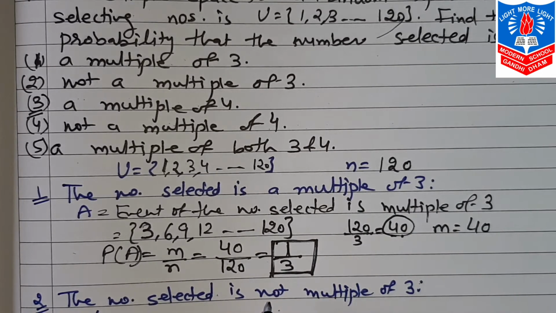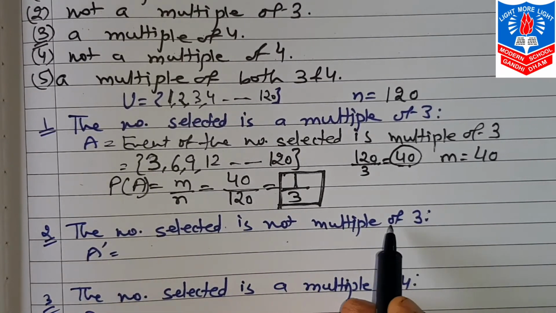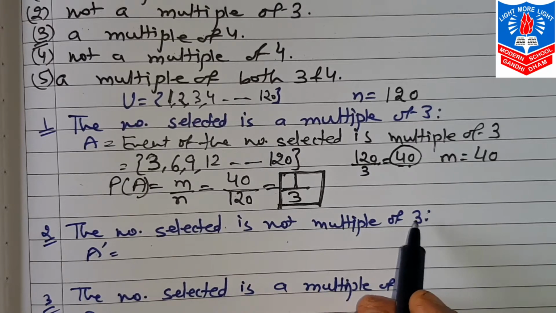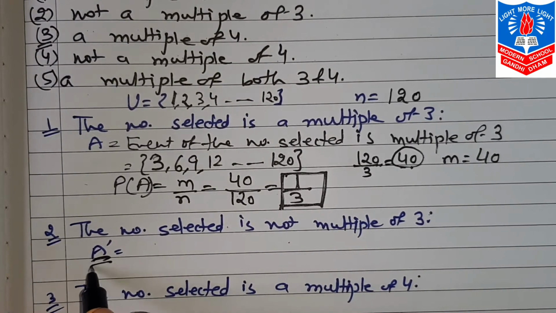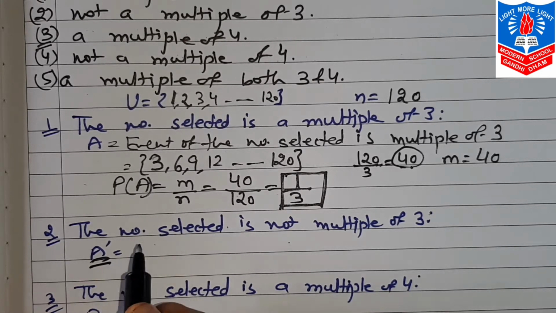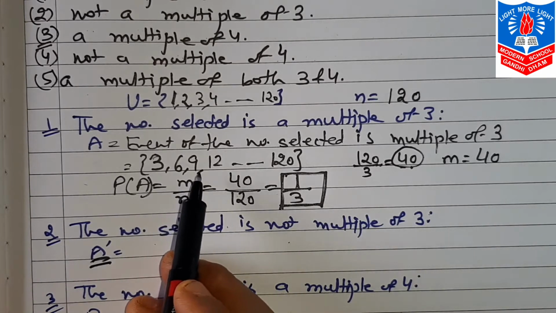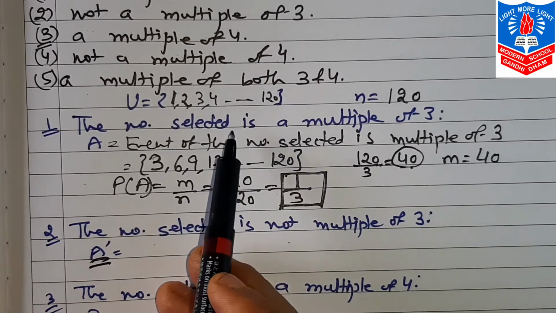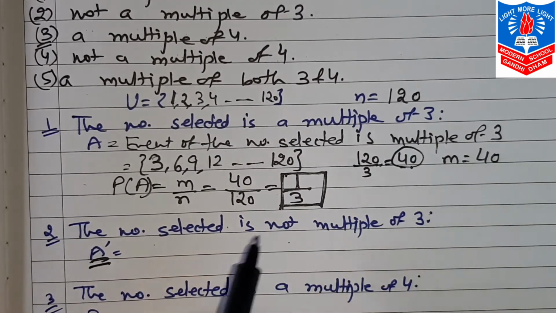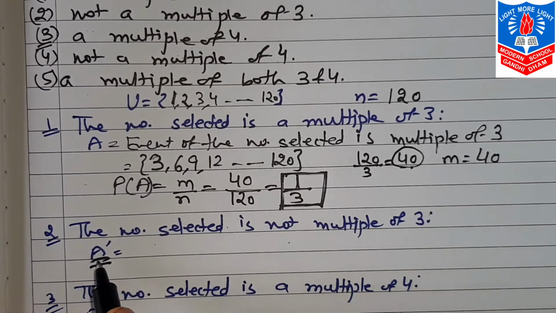Now next, the number selected is not a multiple of 3. This is simply A dash. If you remember, we already discussed A dash, that is the complementary event of A, the elements other than A from sample space U. Already we did that multiple of 3; here it is not a multiple of 3, so it is A dash.